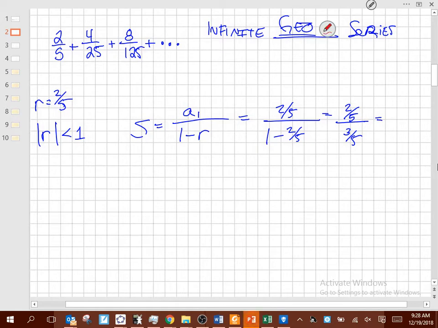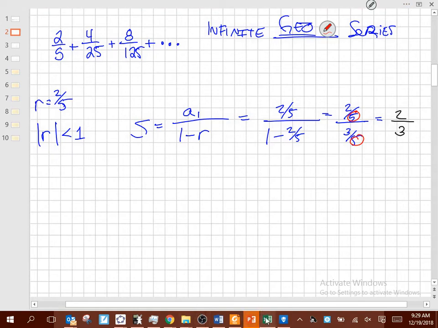Hopefully you remember, if we have a fraction divided by a fraction and they both have the same denominator, when I do the reciprocal and multiply, I'm left with just the two terms that are not the same, in that order. I'll be left with 2/3. That's just kind of a shortcut. So that sum should add up to 0.6 repeating.